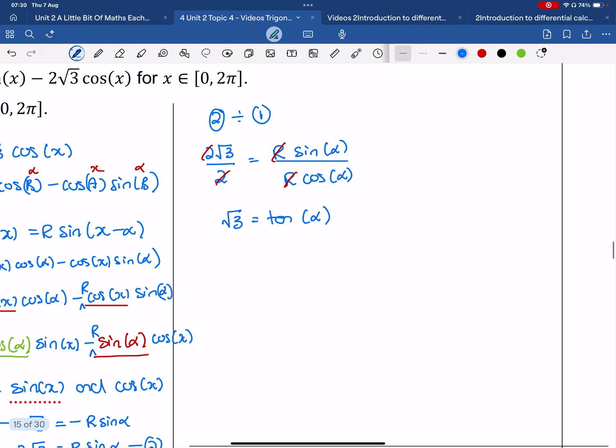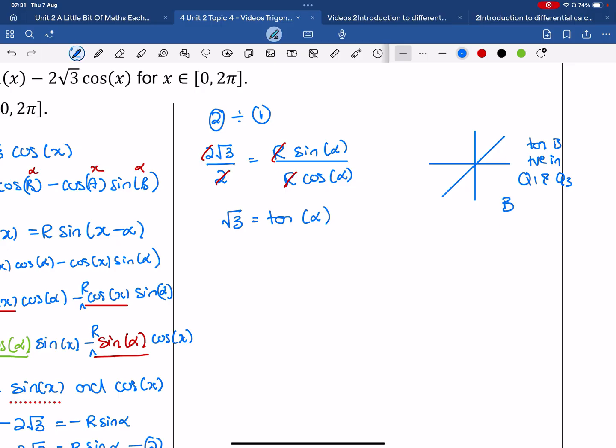And from methods, we know that tan is positive in quadrant 1 and in quadrant 3. Okay, so tan is positive in quadrant 1 and quadrant 3.